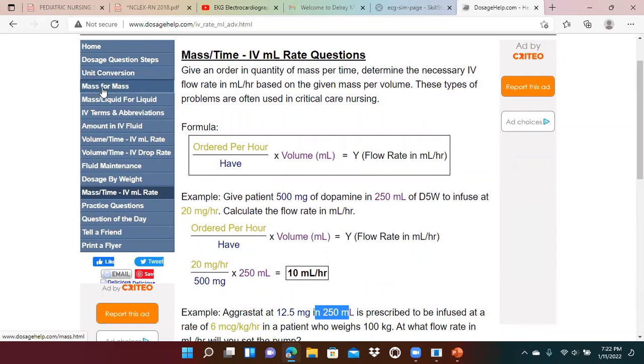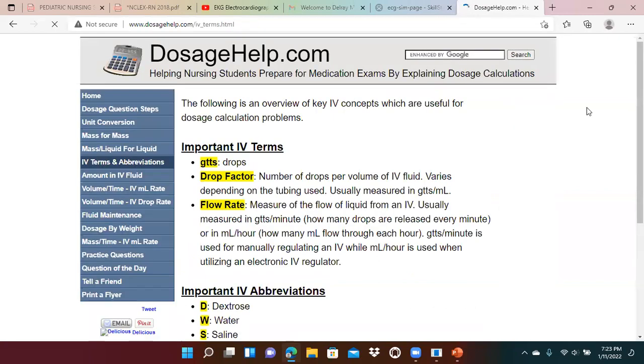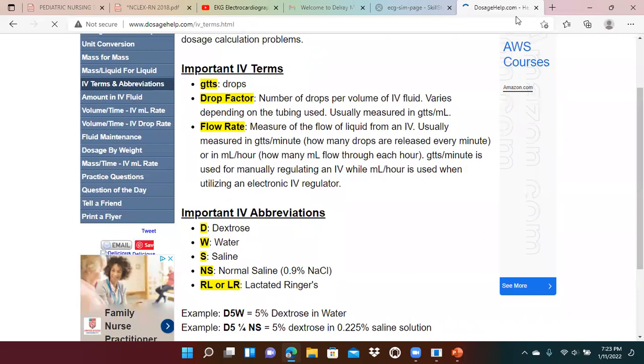Then we check mass for mass formula, mass and liquid for liquid formula, IV terms and abbreviations, amount of IV fluid, how to calculate volume over time, IV flow rate formula, volume over time in minutes, IV drop formula, fluid maintenance formula, dose by weight calculation, mass by time IV milliliter flow rate, right? And here I said some terminology, okay?